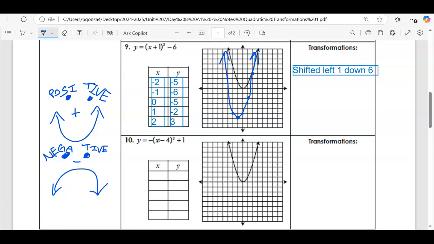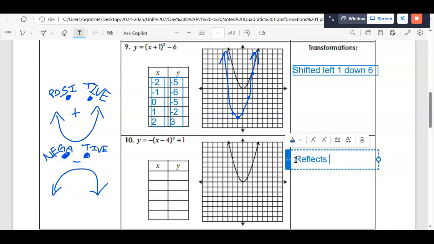And then the +1 is not a lie. It's up or down. Well, it's up. So it goes right 4, up 1, and it's negative. So the word we use is reflection. It reflects downward. Okay. So the way you would say it over here, it reflects across the x-axis.